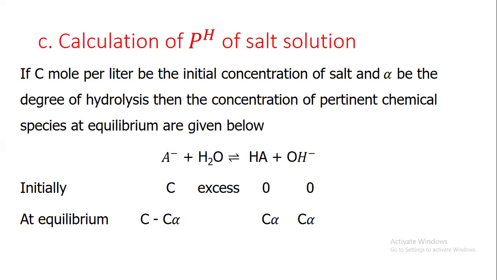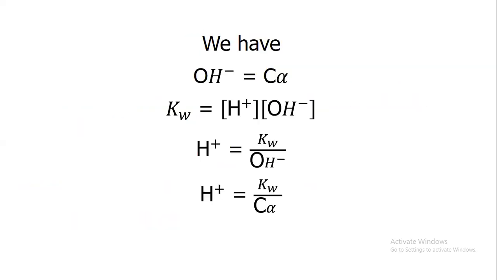Calculation of pH of the salt solution. If C mole per liter is the initial concentration of salt and alpha is the degree of hydrolysis, then the concentrations of pertinent chemical species at equilibrium are given by A minus reacting with water to give HA plus OH minus. Initially the concentration is C for A minus and water is in excess. At equilibrium, C minus C alpha, C alpha, C alpha.